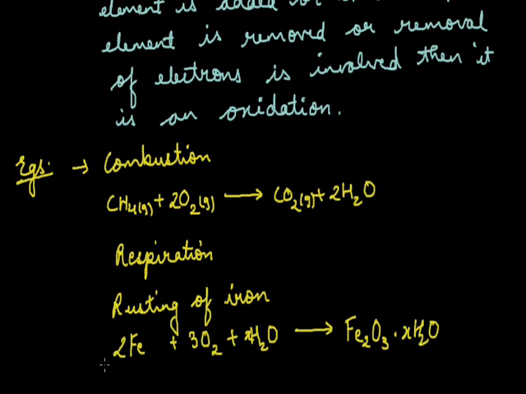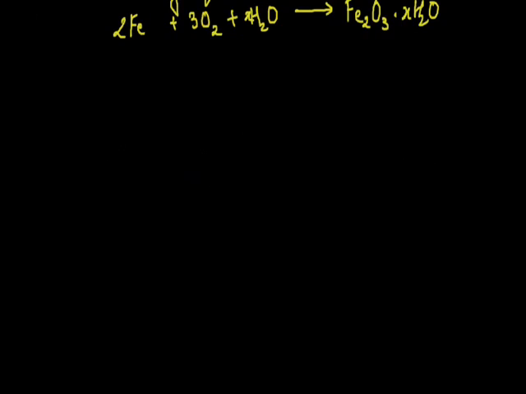Okay, so these are examples of some oxidation reactions related to our daily life. Now the next term is reduction reaction. What do we mean by reduction reaction? This is just the opposite of the oxidation reaction.